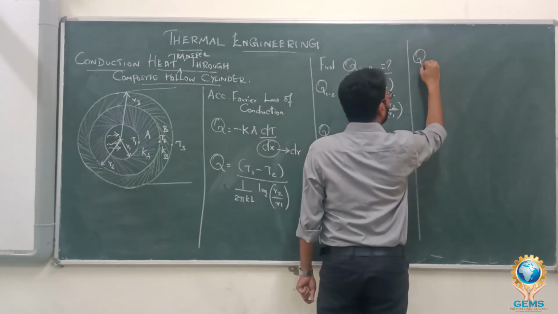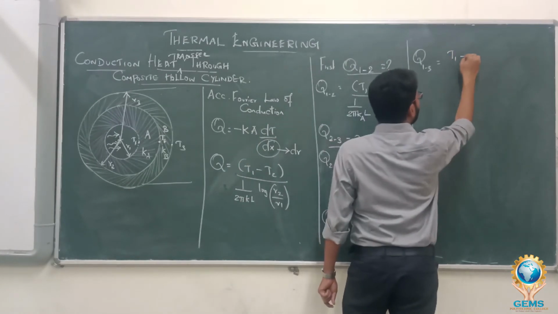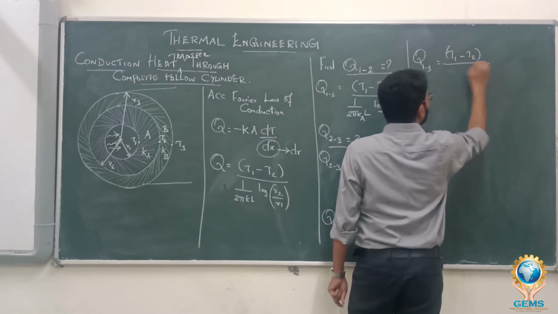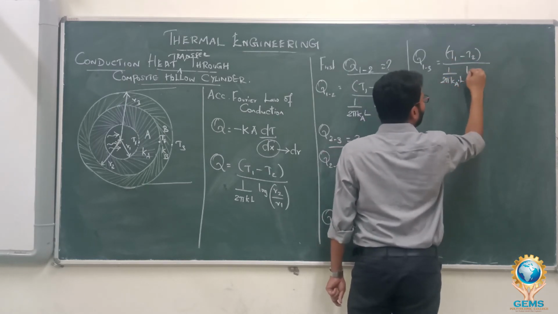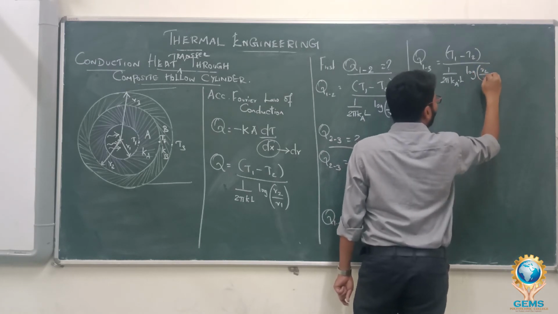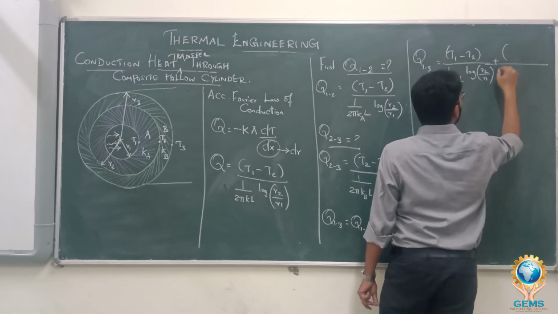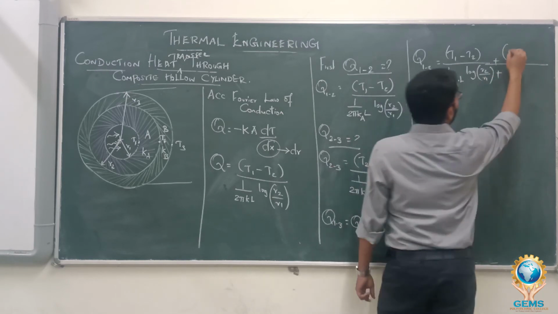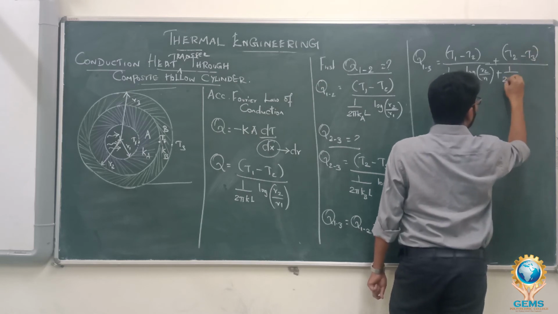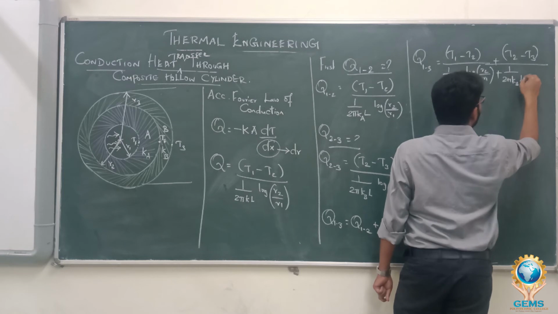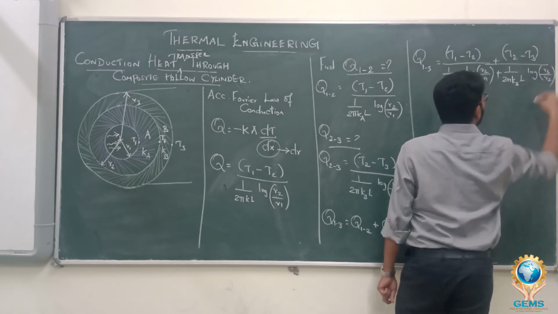So Q of 1 to 3 is equal to T1 minus T2 divided by 1 by 2 pi Ka L log of R2 by R1, plus T2 minus T3 divided by 1 by 2 pi Kb L log of R3 by R2.